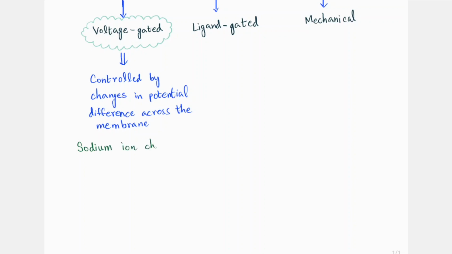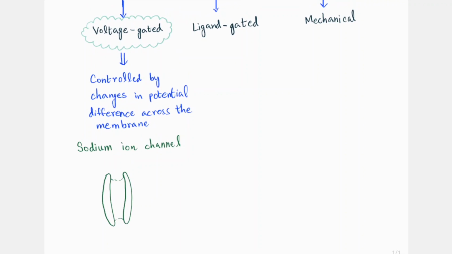Okay, I'll just draw the basic structure of the ion channel first. This is the ion channel, and if you look at it, you'll see it's open at both ends. Right now, that's not of much use, is it? These open at both ends ion channels are also prevalent in the cell. They are called leaky channels.